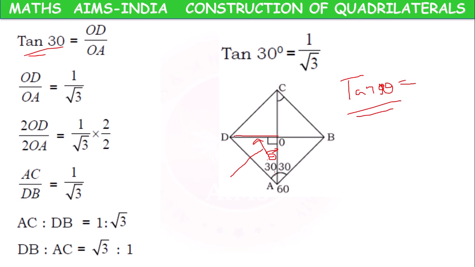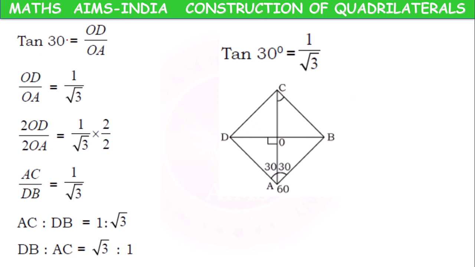Opposite to theta we have OD. Adjacent to theta we have OA. OD by OA. Because 90 degrees is opposite, this will be the hypotenuse. So one side acts as the opposite side, another side acts as the adjacent side.